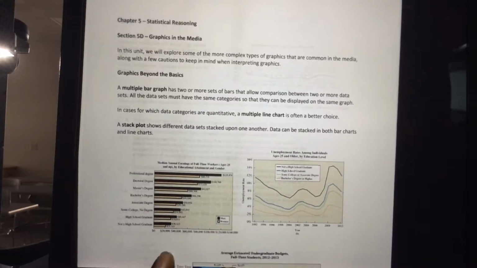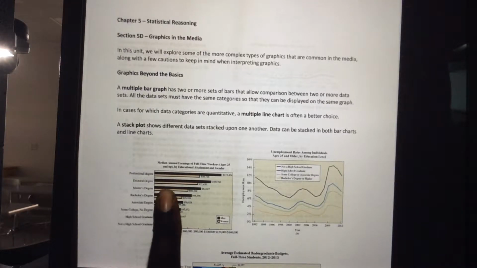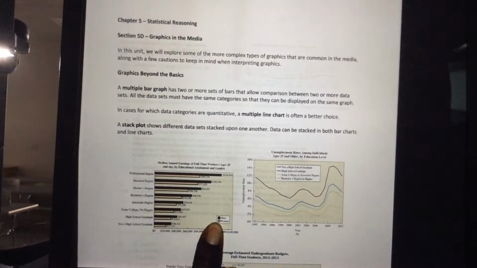Okay, so here is what a multiple bar graph looks like. Here it's got two sets of bars for each category in this case. And here we have a legend that distinguishes which is which. The darker bar is for men and the lighter bar is for women. So that's what a multiple bar graph would look like.